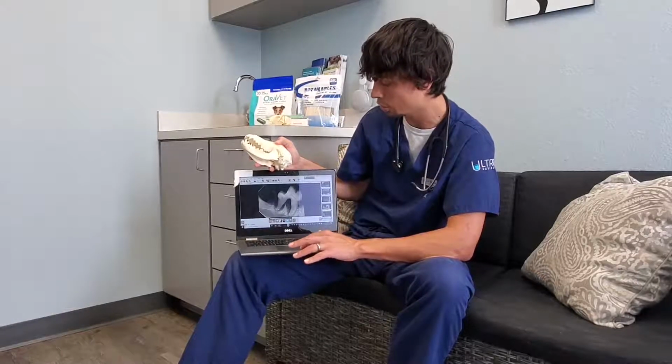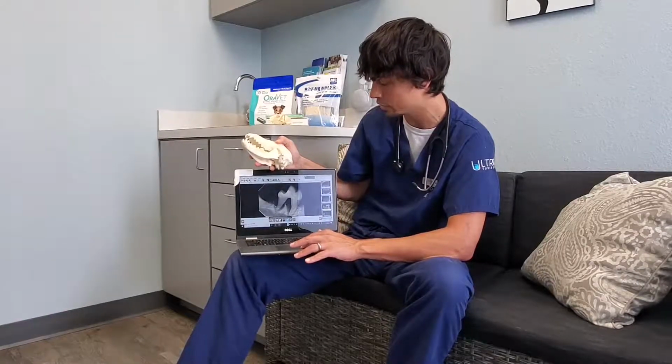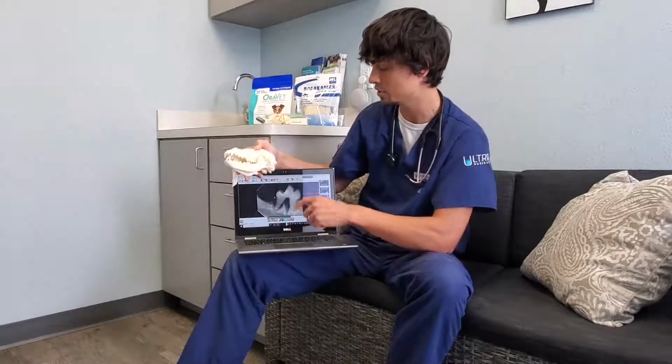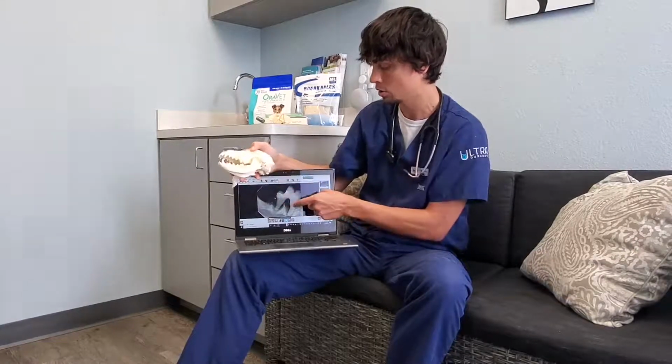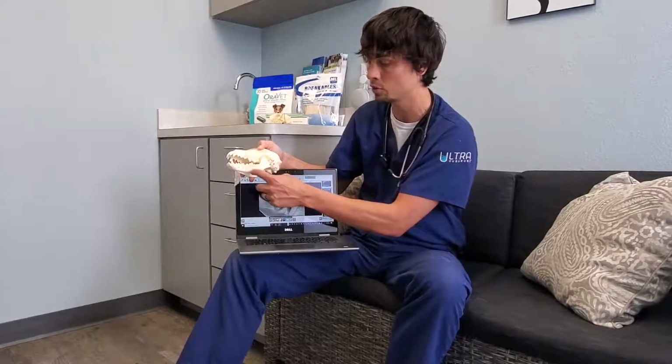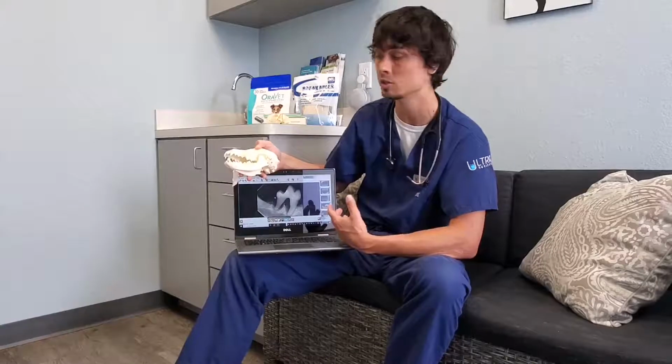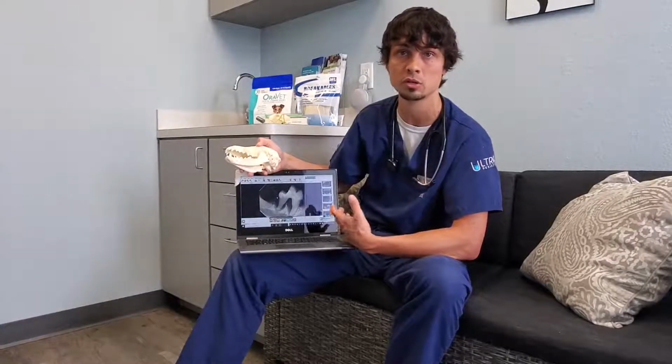And so all of this void around these roots is infected tissue. And so if this jaw here was this pet, all of this bone here would be completely destroyed. And that's been going on over a long period of time, and that is a very, very painful process and tremendous amount of infection in this dog's mouth.